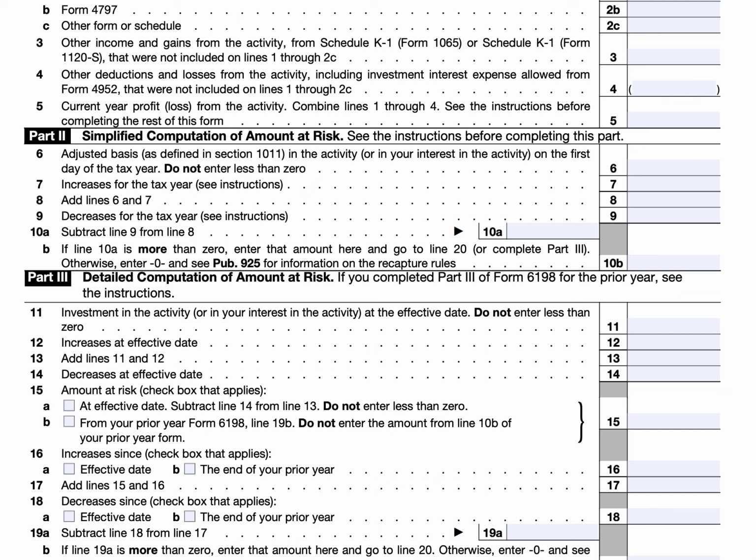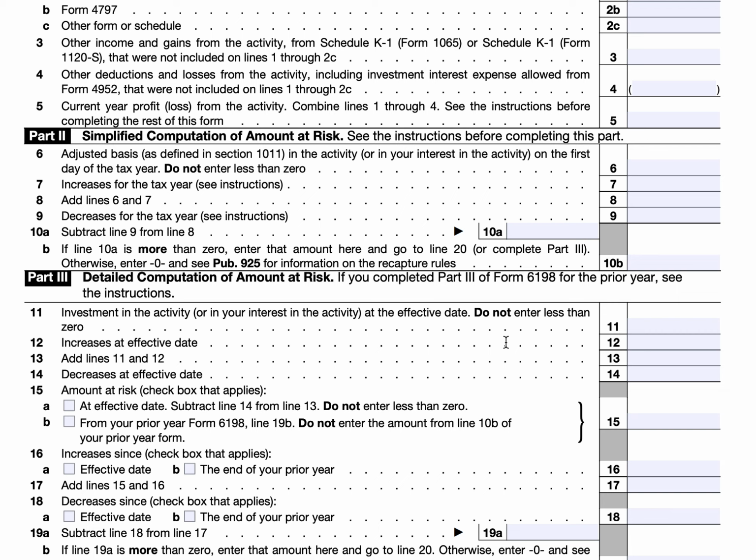So, starting in line 11, your investment in the activity or your interest in the activity at the effective date. And again, there is a worksheet in the form instructions for taxpayers who are not partners or S corporation shareholders.